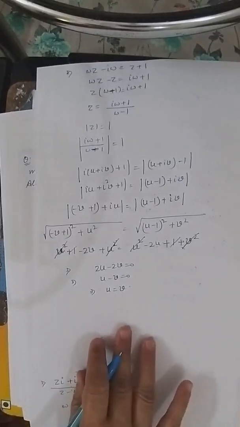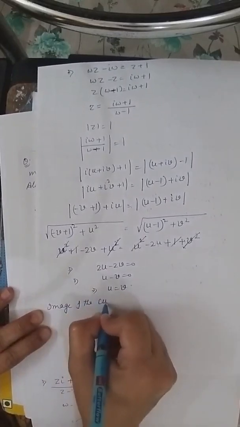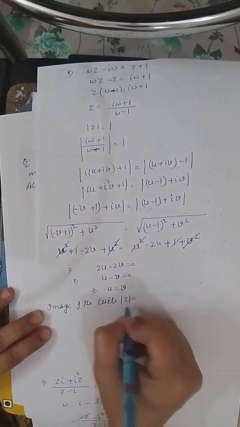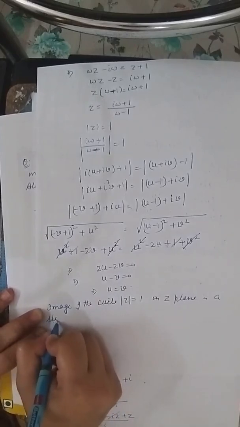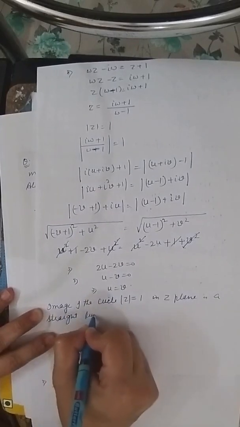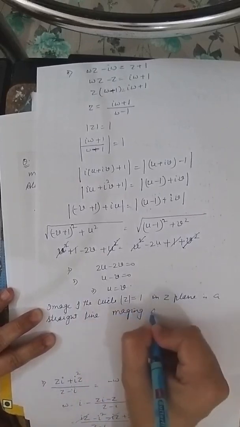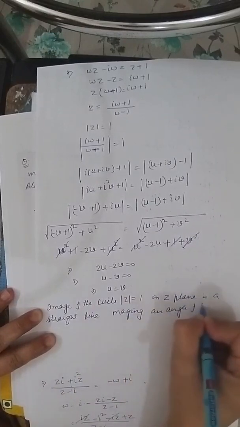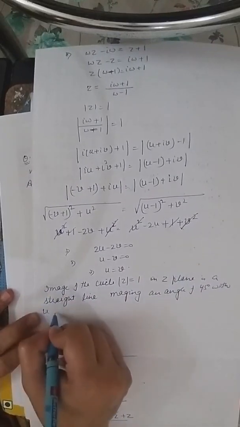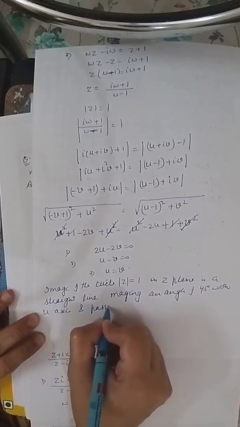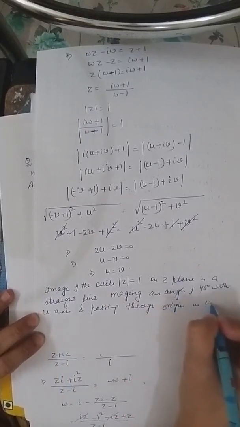That means the image of the circle |z| = 1 in the z plane is a straight line making an angle of 45 degrees with the u axis and passing through the origin in the w plane.